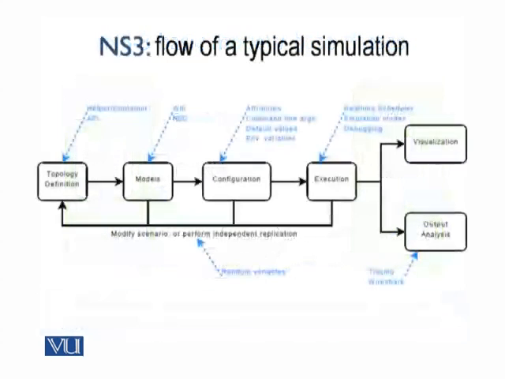We can see the flow of a typical simulation on the slide now. You see that there are many things a typical network simulator has to do. Firstly, we need to define the topology, and then we make use of multiple models. We've seen some models here, and then we are going to study some more.